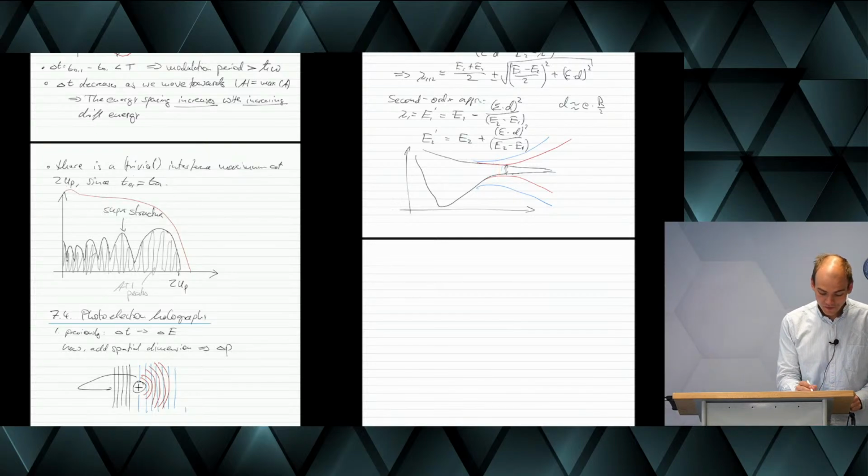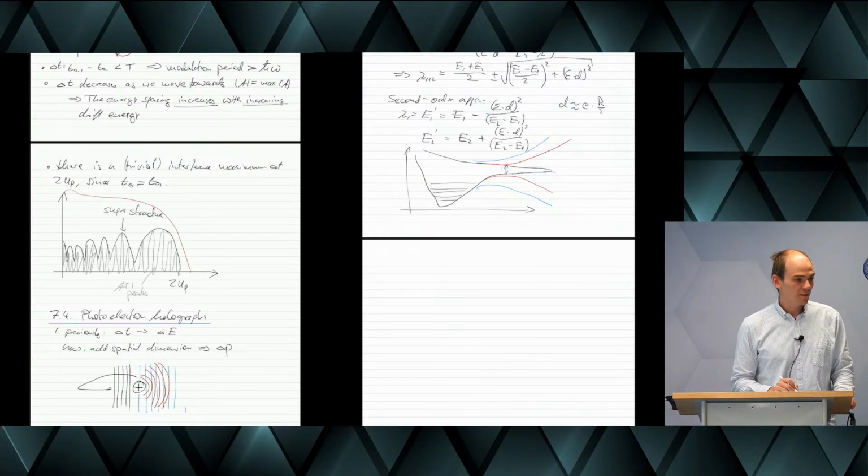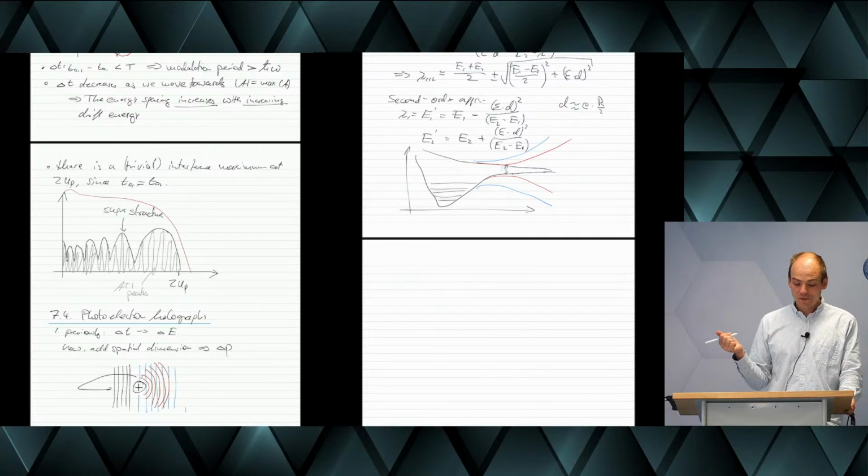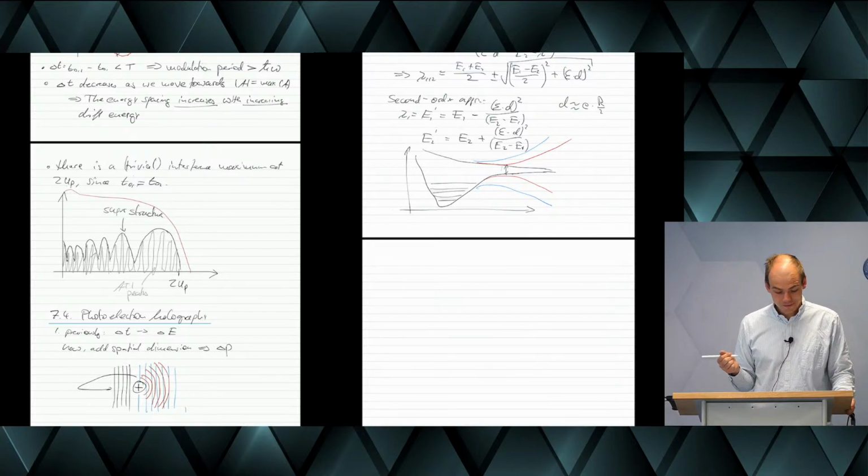And now let's go back to these vibrational levels that we considered. The stronger the field, the more vibrational levels can escape from the molecule. And that's something that we observe in our experiments.